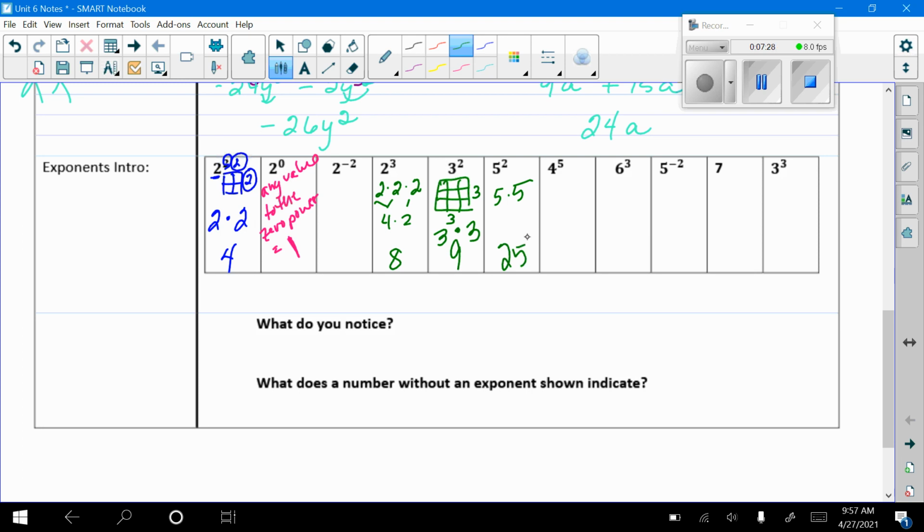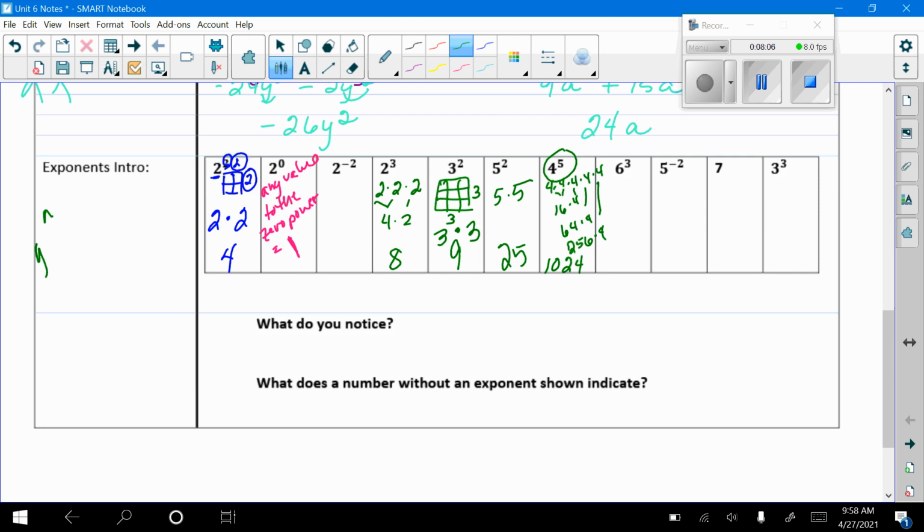Once I get more than that, like here's 4 to the 5th power, I'm really saying that it's 4 times 4 times 4 times 4 times 4. If I multiply that out piece by piece, that gives me 16 times 4, which is 64, times 4, which is 256, times 4. And that's when I end up getting, I believe, 1,024. But when you get to this kind of a problem on your calculator, I'm going to show you on your calculator, there's a caret button.